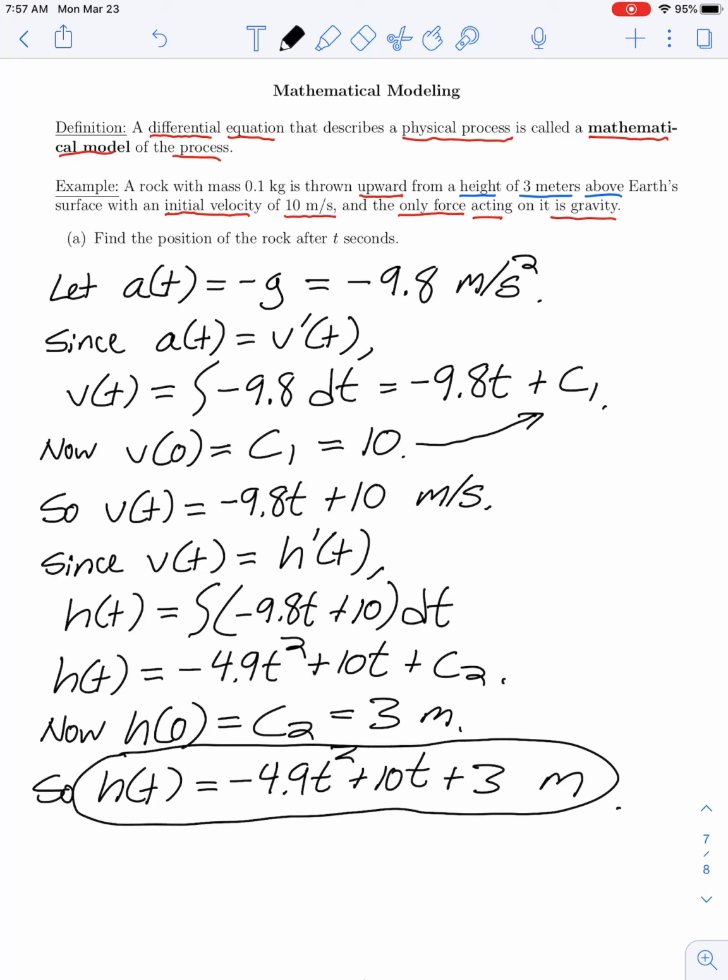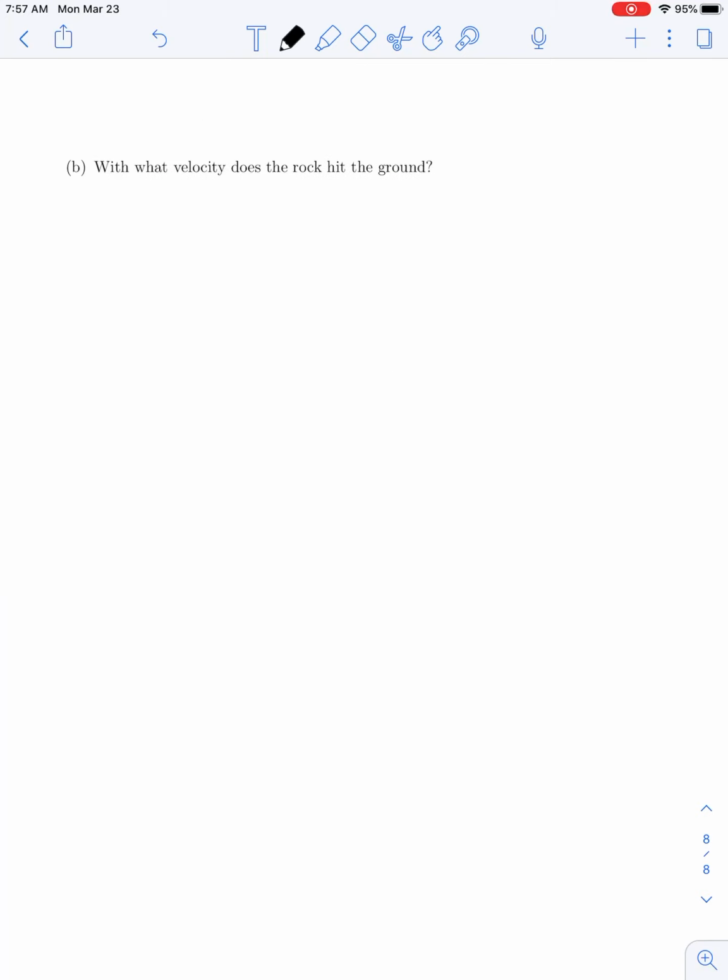Now, once we have these functions for the position, the height, the velocity, and acceleration of our rock, we can answer different questions about the motion of this rock over time. So in part B of this example, we are asked with what velocity does the rock hit the ground?